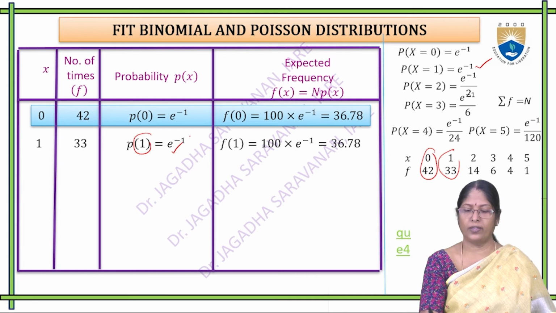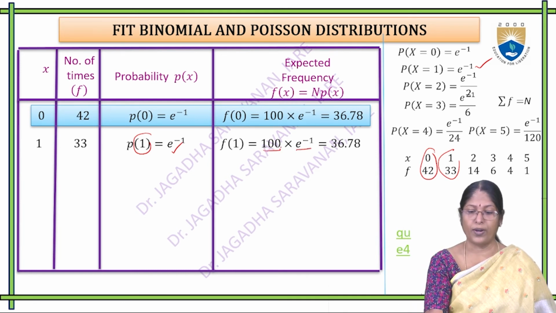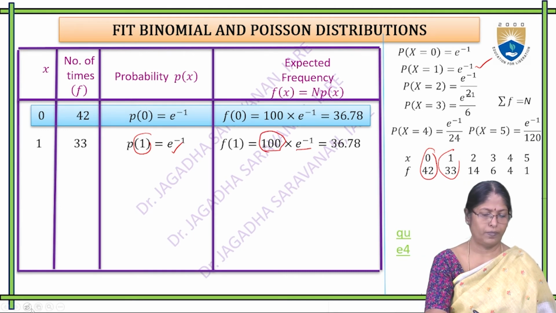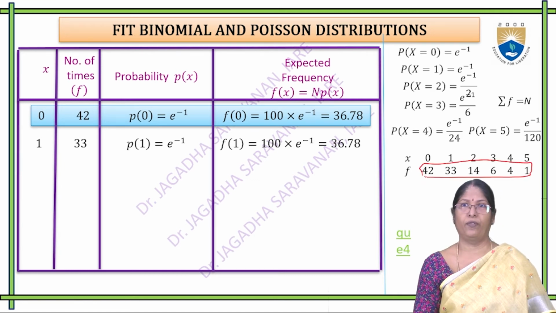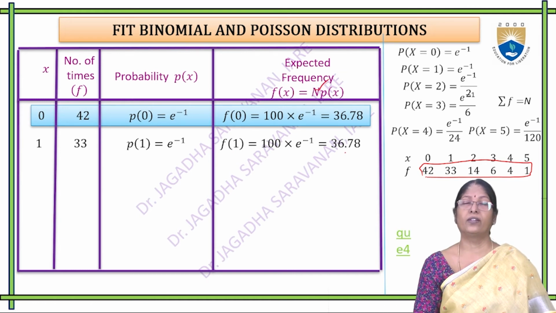F of 1 is nothing but p of 1 multiplied by 100. How did we obtain this 100? We added all the frequencies, summation f, and that is capital N. So the second, when x equals 1, f of 1 is 36.78.